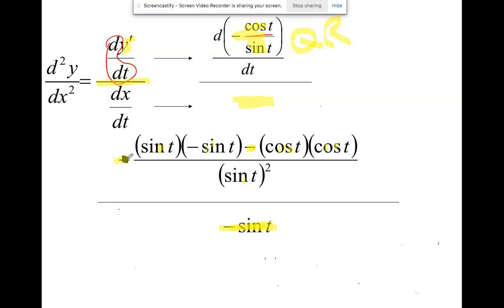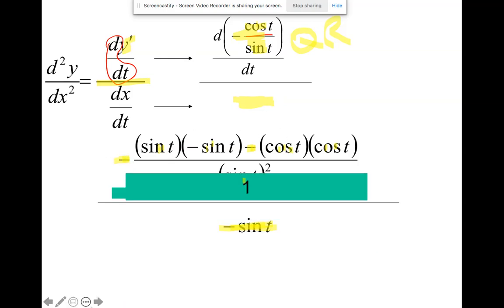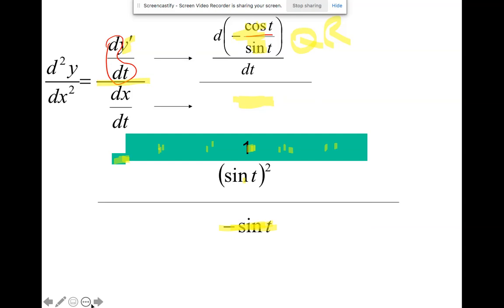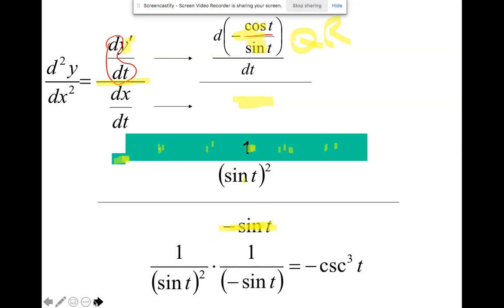Factor out the negative, combine with this negative makes a positive. And what do you have? A 1 in that numerator. Then you have sine t squared, but that's times negative sine t. Oh, snap. Negative cosecant cubed, or negative 1 over sine cubed. No, you don't have to write it as cosecant. Sweet.